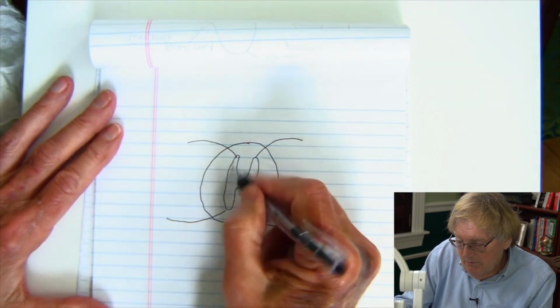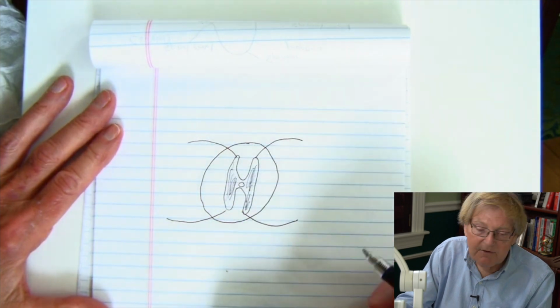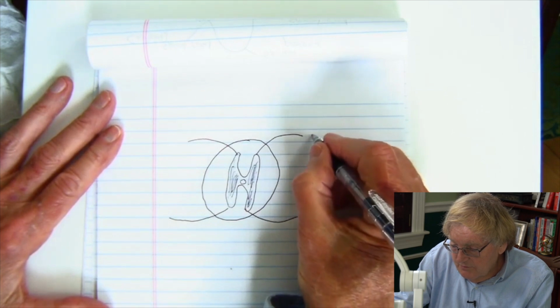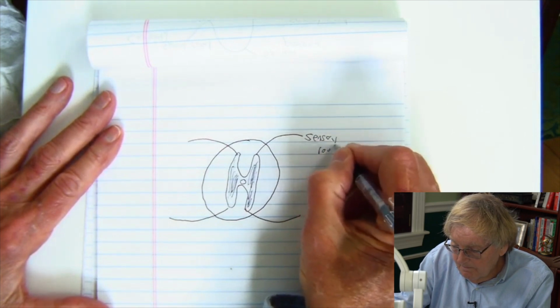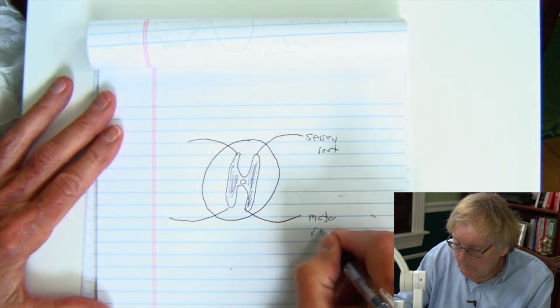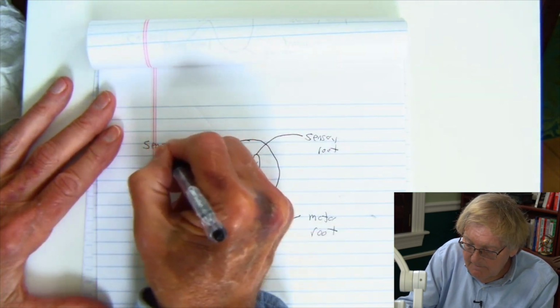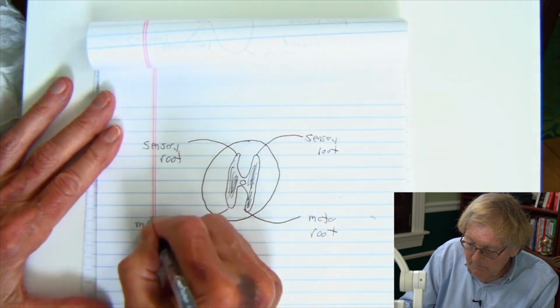Remember, this is going to be gray matter here that's unmyelinated, and that's going to be white matter, myelinated. I'm going to have a sensory root. I'm going to have a motor root. Same on this side, a sensory root and a motor root.